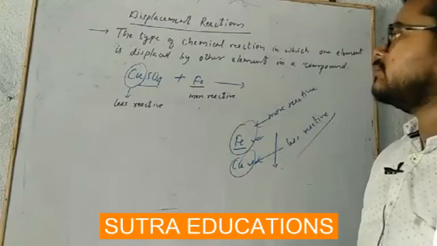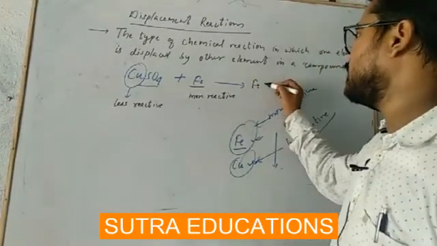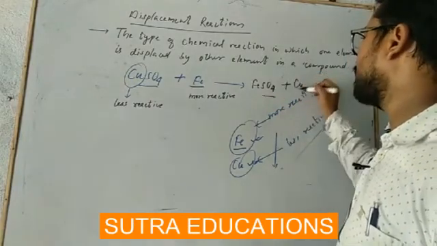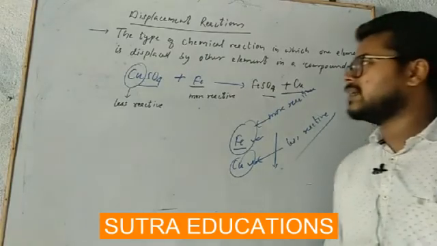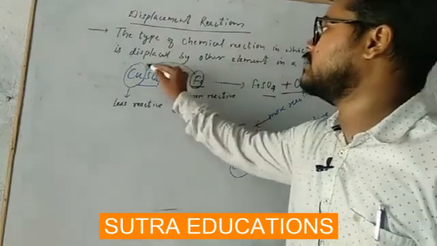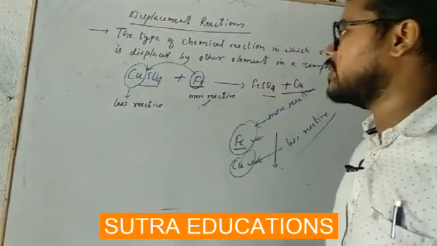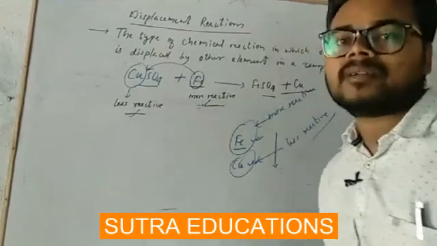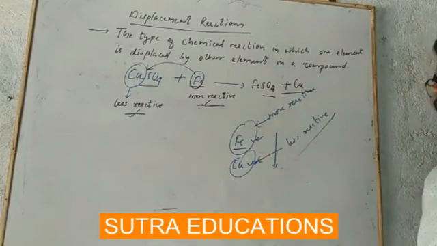Iron will take the place of copper and displace it, means it will form FeSO4 and copper will be out. So we can say displacement is taking place. Fe is displacing copper because Fe is more reactive than copper. It is stronger than this copper. We can take some more examples.